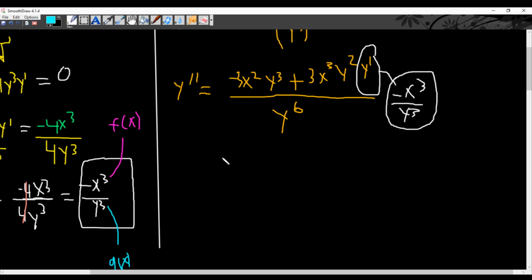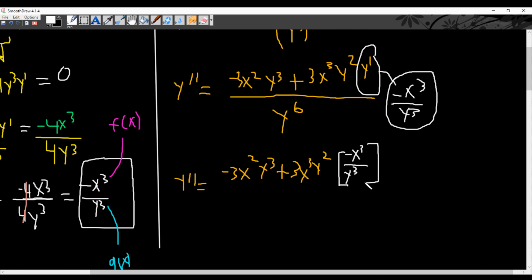So from there, we must continue evaluating y double prime in this fashion. So negative 3x squared y cubed plus the value for 3x cubed y squared. Then you plug the function in, so that was negative x cubed over y cubed in this way.